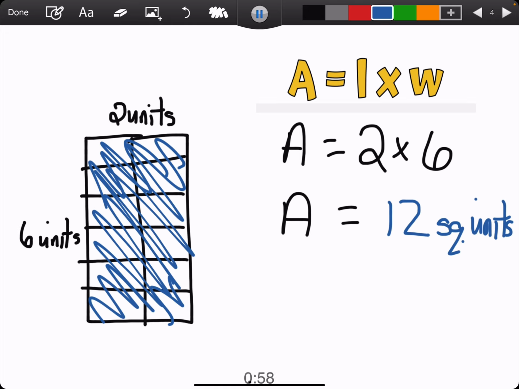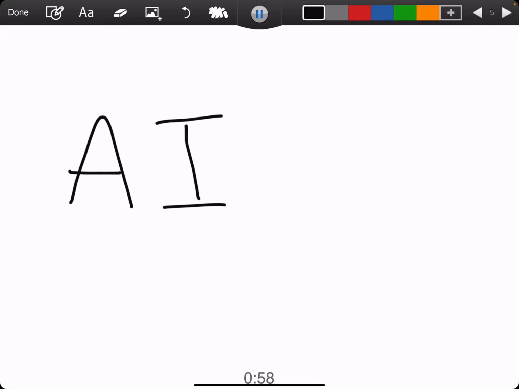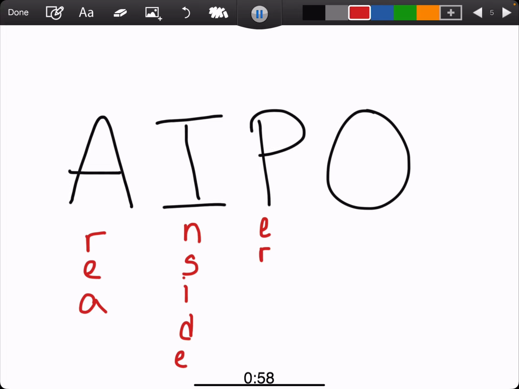I mentioned today the acronym AIPO. AIPO is area inside, perimeter outside.